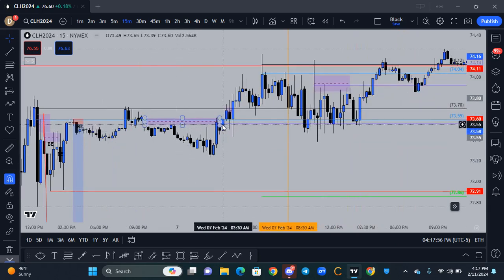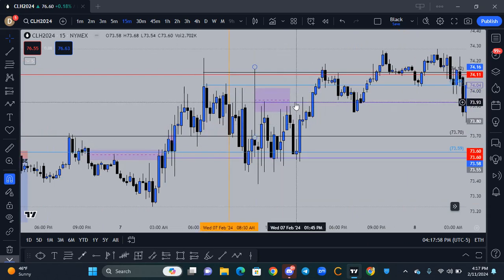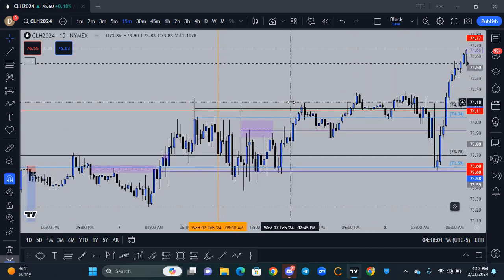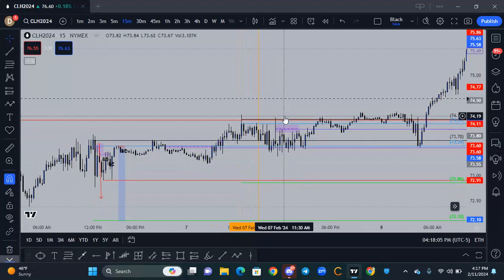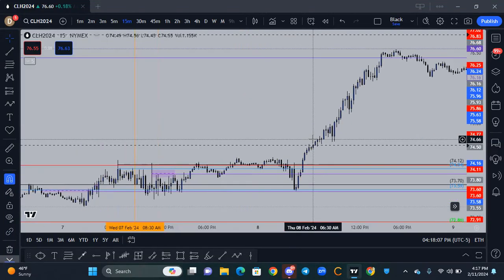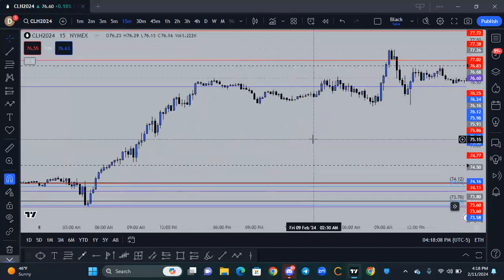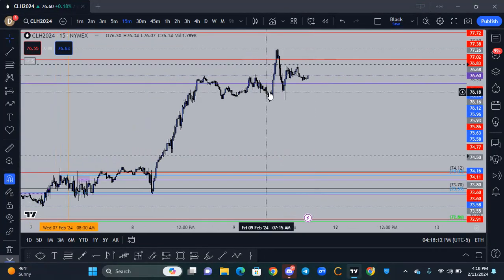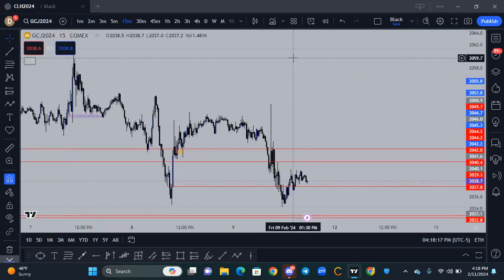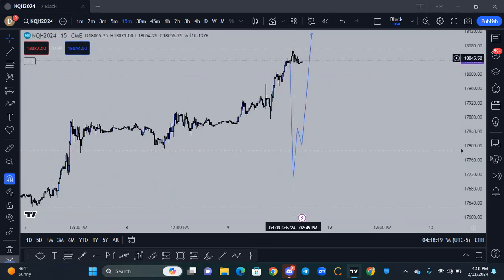Did I even get an entry? I don't think I traded that. It just looked so bad. Then it exploded. Exploded! I think I saw this Friday up. I didn't even interact with that.